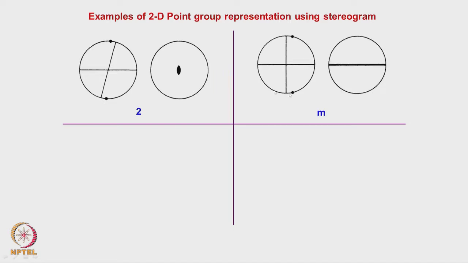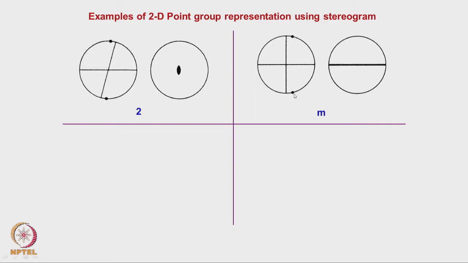Here I am considering a case for a mirror. The mirror is placed perpendicular to the y axis, that is, along the y axis it is lying. So what is going to happen is that if we have any point on the circumference, this point will be represented here.